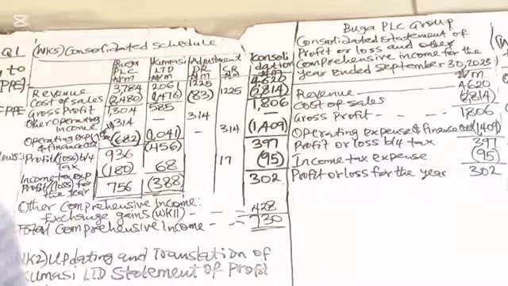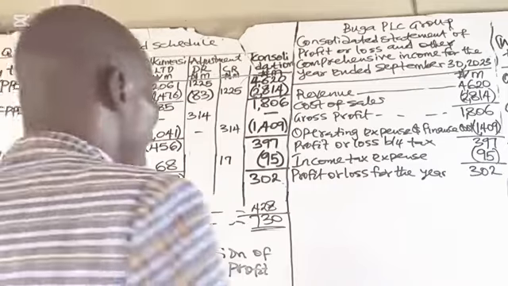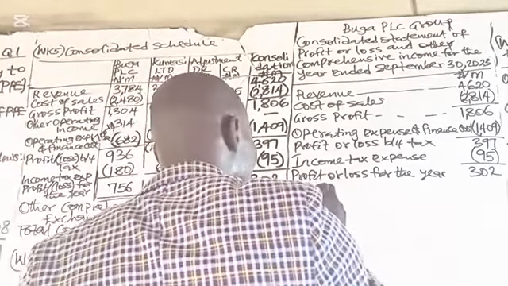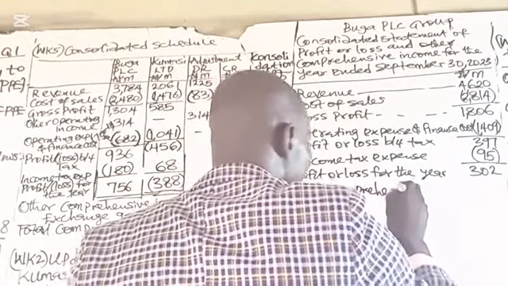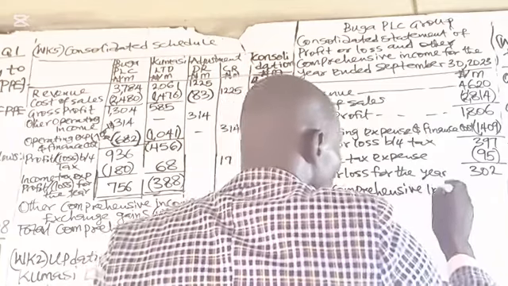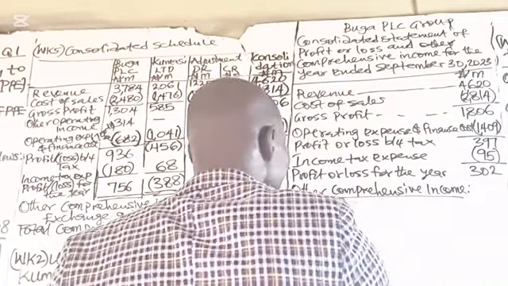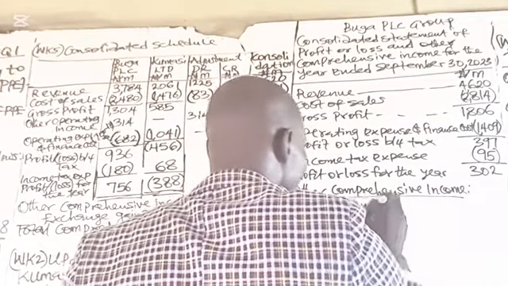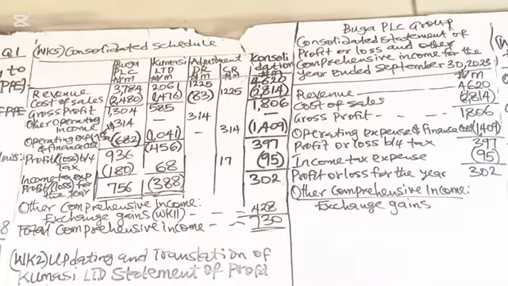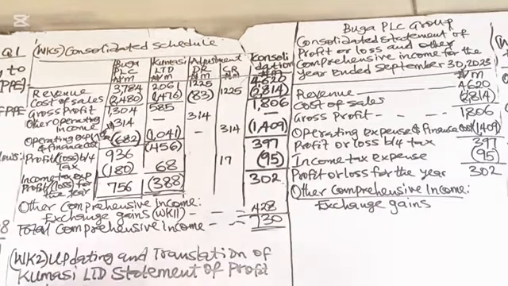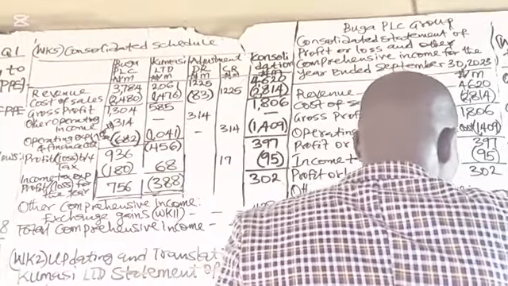After that, we have other comprehensive income, which includes exchange gains on translation of subsidiary. We have the exchange gains of 428 million.